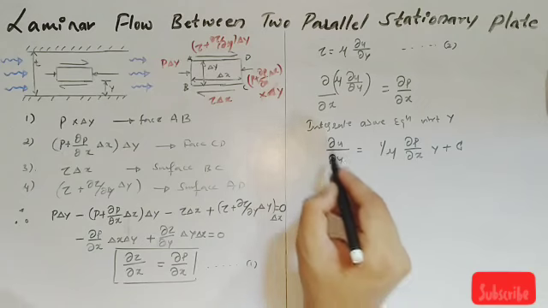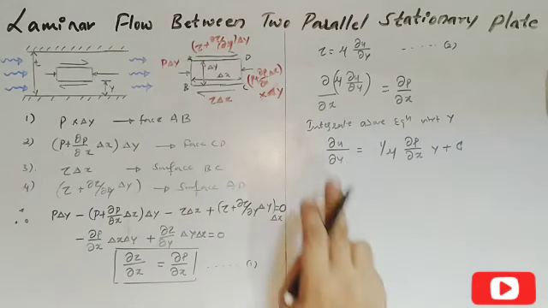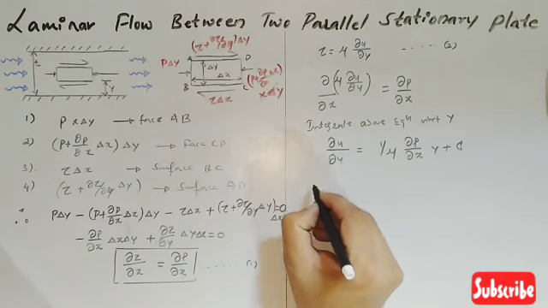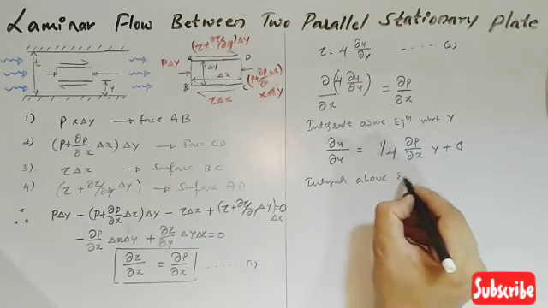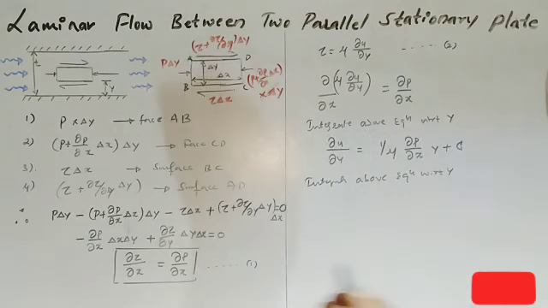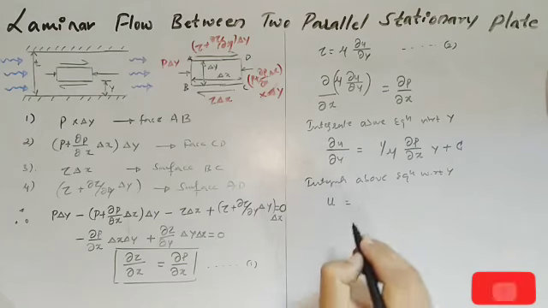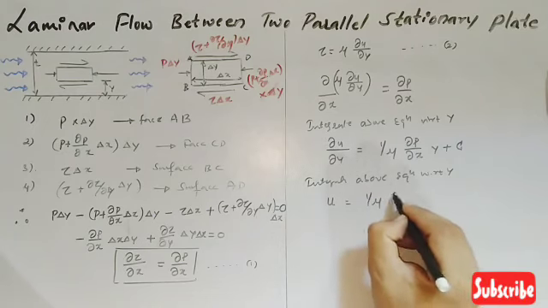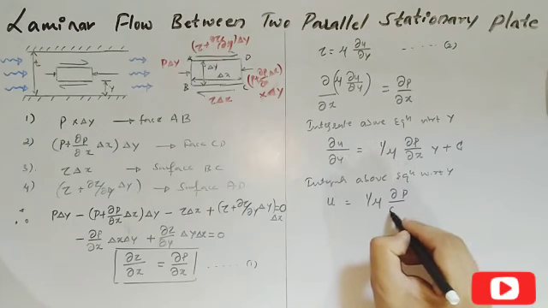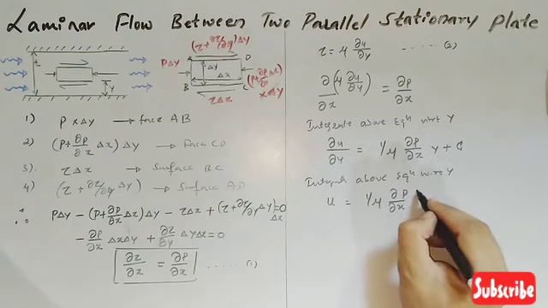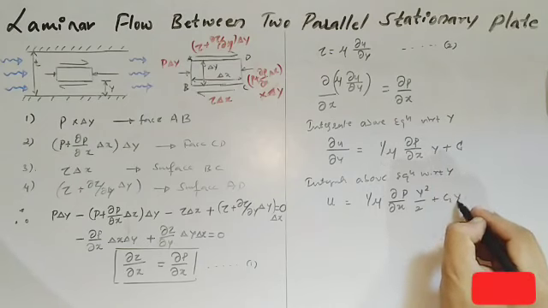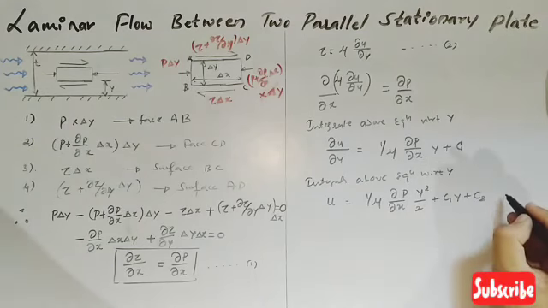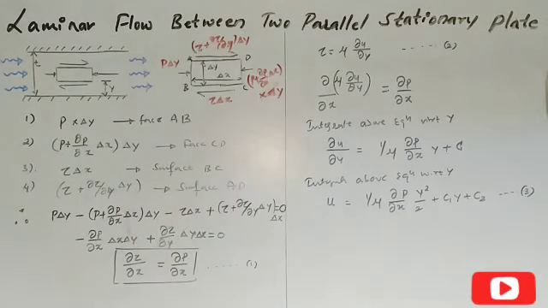So integrating the above equation with respect to y, I will get the velocity u equals 1/μ ∂p/∂x, and the integration of y will be y squared by 2, plus c1 y plus c2. This is equation 3.